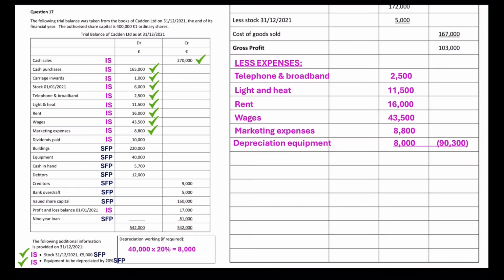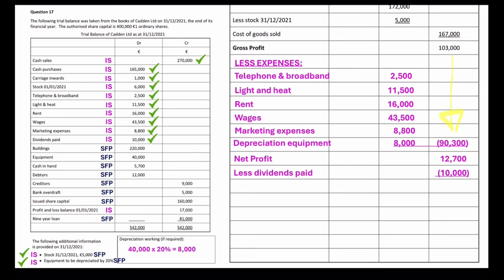And that gives us expenses, sum total there, 90,300, which we will then take away from the 103,000 gross profit, and that will give us a net profit of €12,700. Then we're going to take away our dividends. So that is the money that the business pays to their shareholders as a thank you for investing in the business.